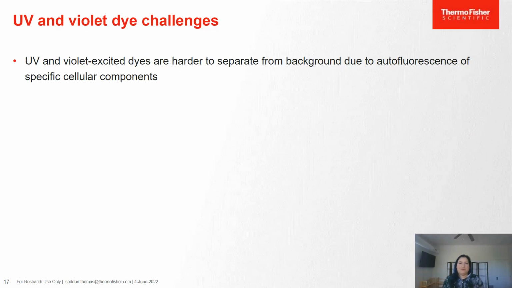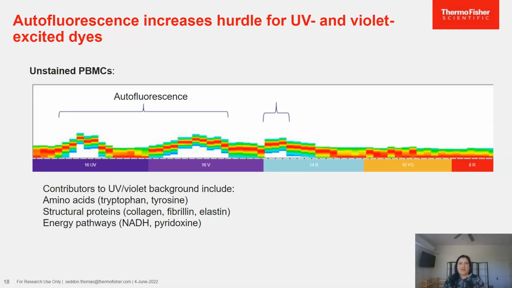So when you think about the challenge in terms of switching gears, building out ultraviolet and more violet dyes, which we have not released yet as NovaFluors, UV and violet excited dyes are harder to separate from the background due to the autofluorescence of specific cellular components. And so you can see here, this is again coming from the Aurora, and this is just showing unstained cells, unstained PBMCs.